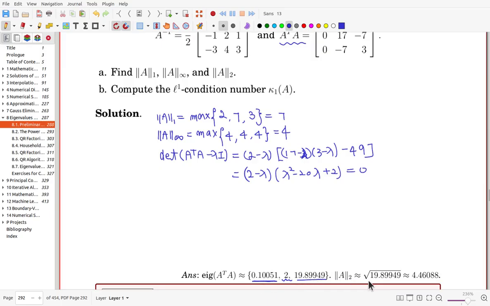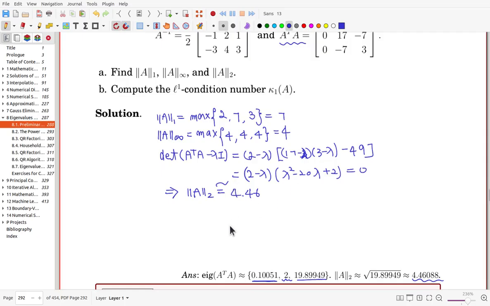And then the square root of 19.89 is now 4.46. So from this computation, we don't know right now the exact value of the A 2 norm, but anyway, it's around there, 4.46, let's say in this way.